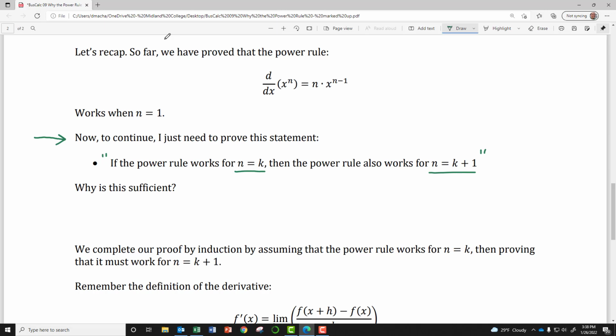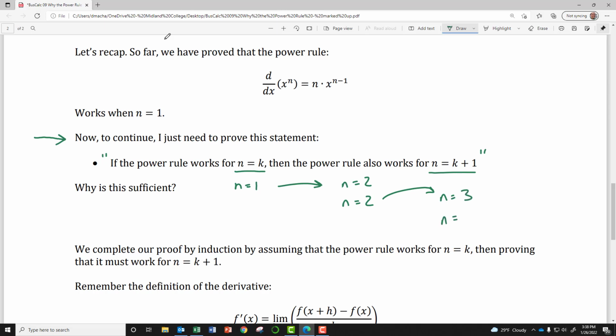So like 1, 2, 3, 4, 5, any of the natural numbers. And to spoil it for you now, the reason it works is because the statement says if the power rule works for n equals 1, then it also works for n is equal to 2, right? This would be n is equal to 1 plus 1, so n equals 2. And we could repeat the statement and say, well, if the power rule works for n is equal to 2, then it also must work for n is equal to 3.